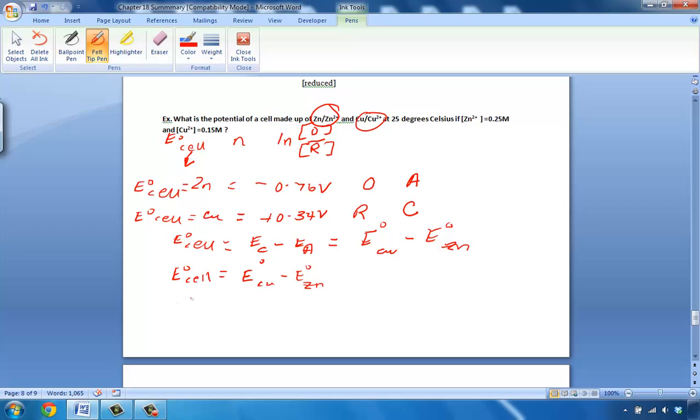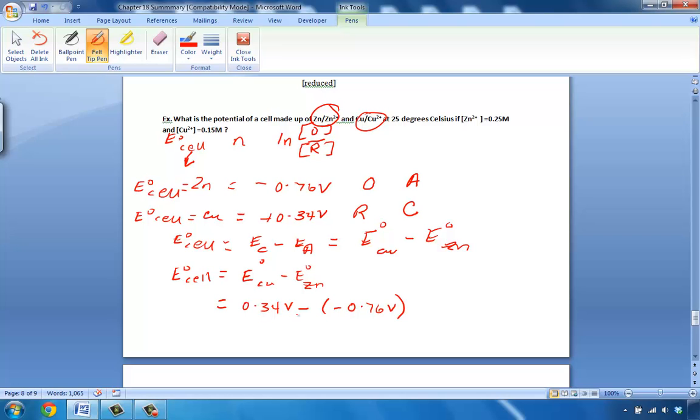Alright, what are those numbers? For copper we have positive 0.34 volts minus, for zinc we have negative 0.76 volts. Again, remember, we use these values straight out of the table. We do not change the signs.